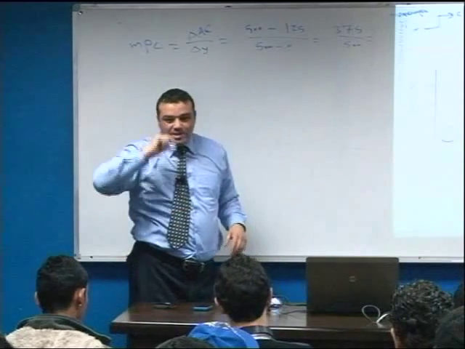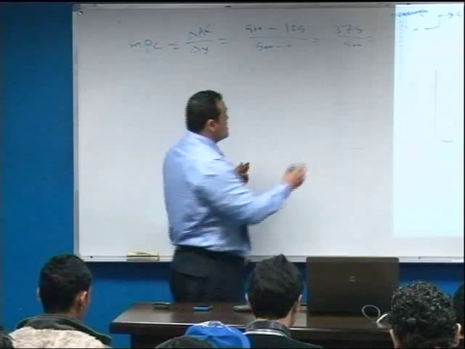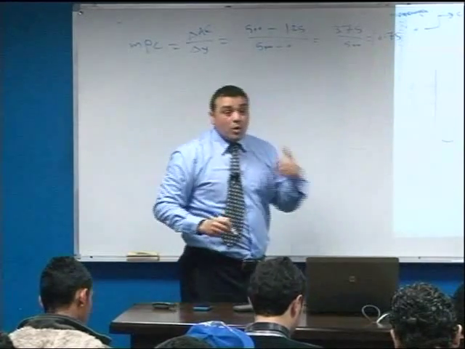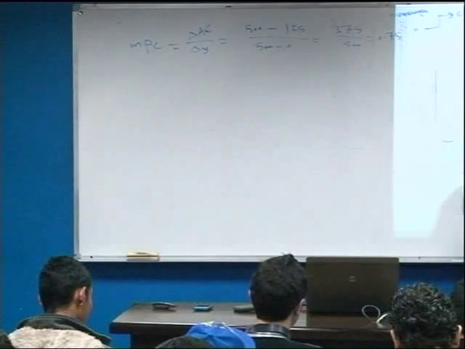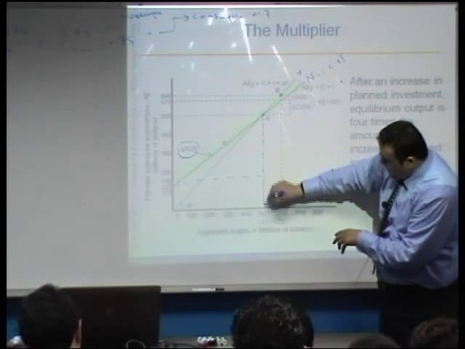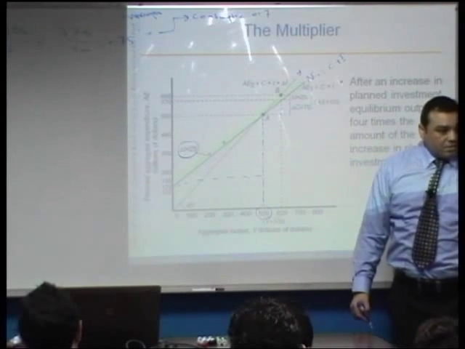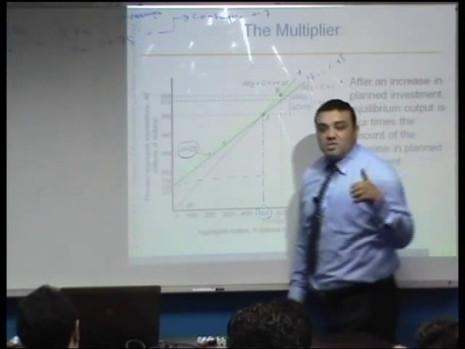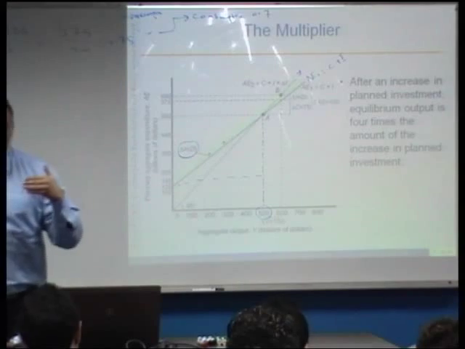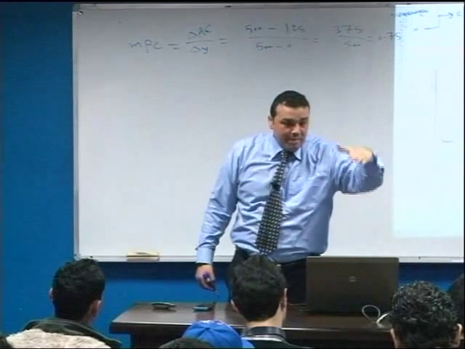What did the calculator give? 0.75, right? And where is the initial equilibrium? At point A, right? In this case, the aggregate output is 500. Now, suppose that the business sector would like to increase planned investment by $25 million.